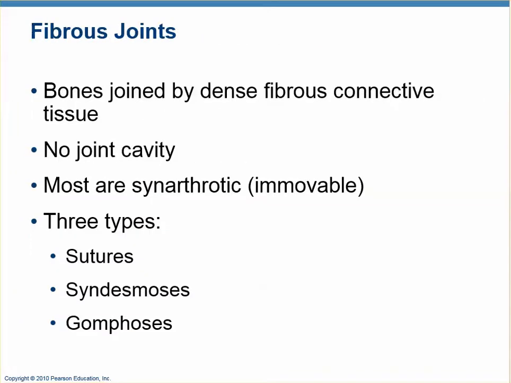So, fibrous joints have no joint cavity. There is some sort of dense fibrous connective tissue that joins the two bones together. They tend to be synarthrotic or maybe amphiarthrotic. There's three types. There are sutures, which are the immovable joints between the bones of the skull.